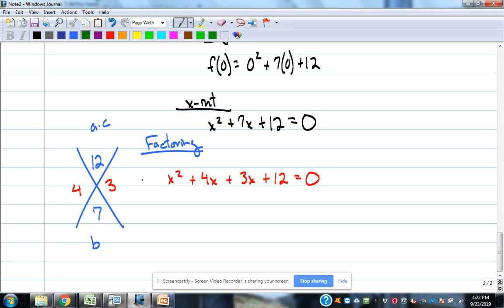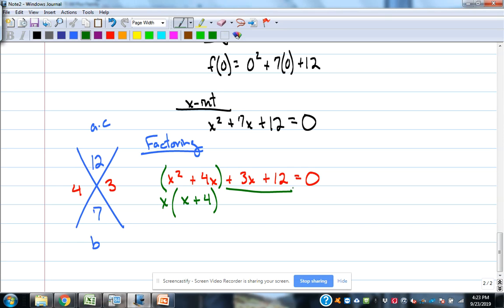You group the first two together and try to factor them. So if I group these two together, what do x squared and 4x have in common? X, and x would be their GCF. So x comes out to the front, and that leaves x plus 4 on the inside.